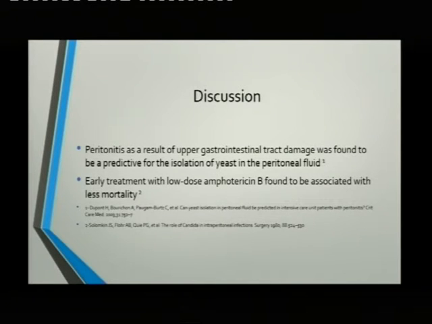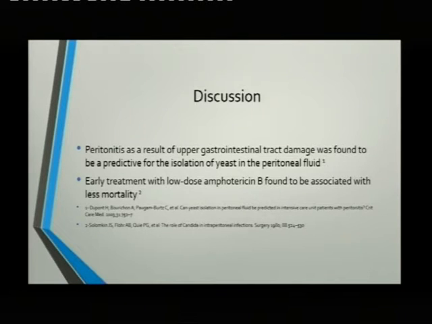There are reports about the risk of yeast intraperitoneal infection, and they found that one of the risk factors for isolation of yeast is an upper GI leak. Upper GI leak means duodenal perforation and whatever is above the ligament of Treitz.